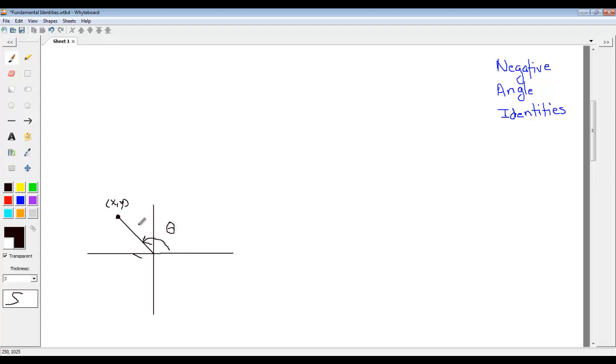And really XY can be anywhere on this grid, but in order to demonstrate this, it's good to just stick XY somewhere out there. So something like this, you've got, this is a distance R, and then going down this way, you've got a distance Y, and then going that way, you've got negative X. Well, then if you do negative theta and go the opposite direction, go this way, do a negative theta, then some interesting stuff starts going on there.